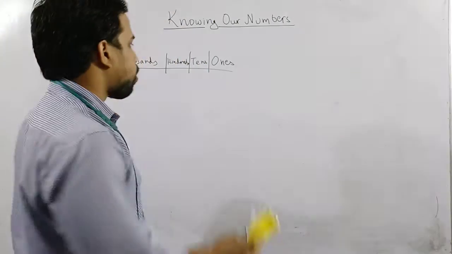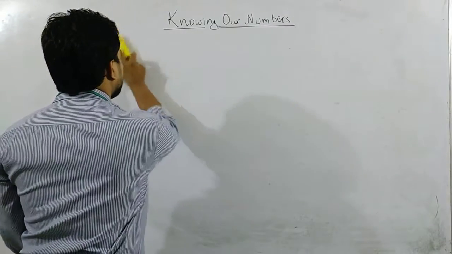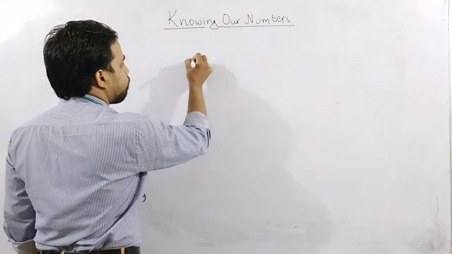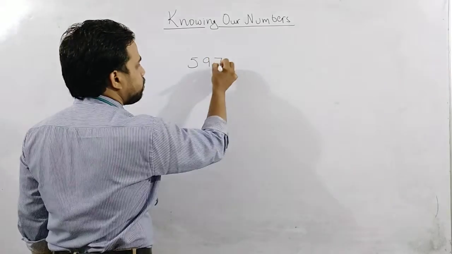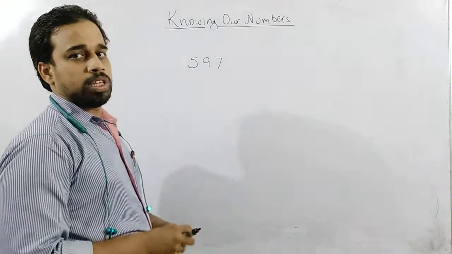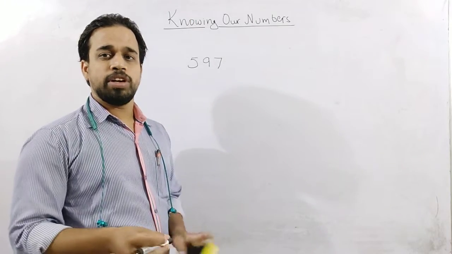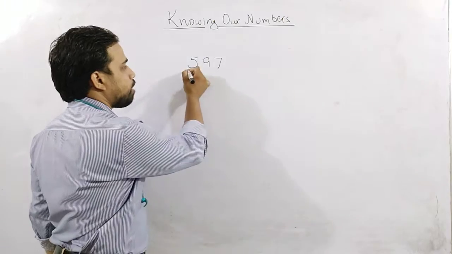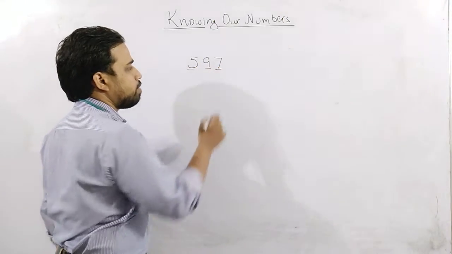If we talk about a number, let's take the number 597. This number is comprised of 3 digits. Those digits are 5, 9 and 7.